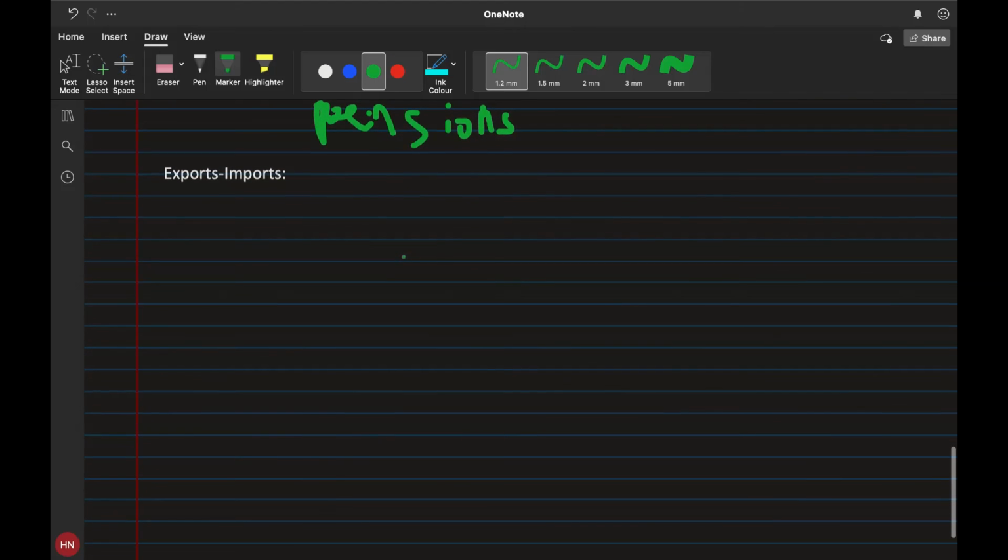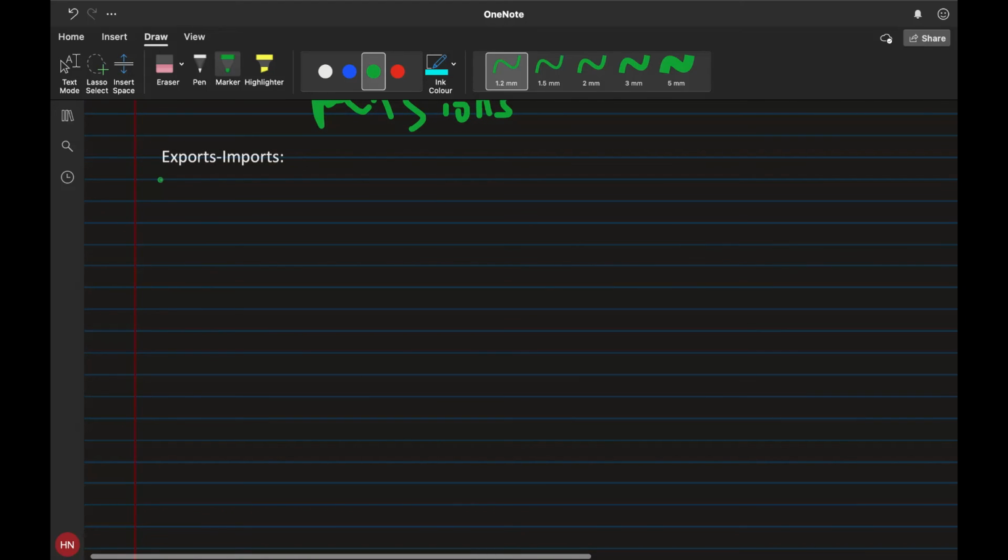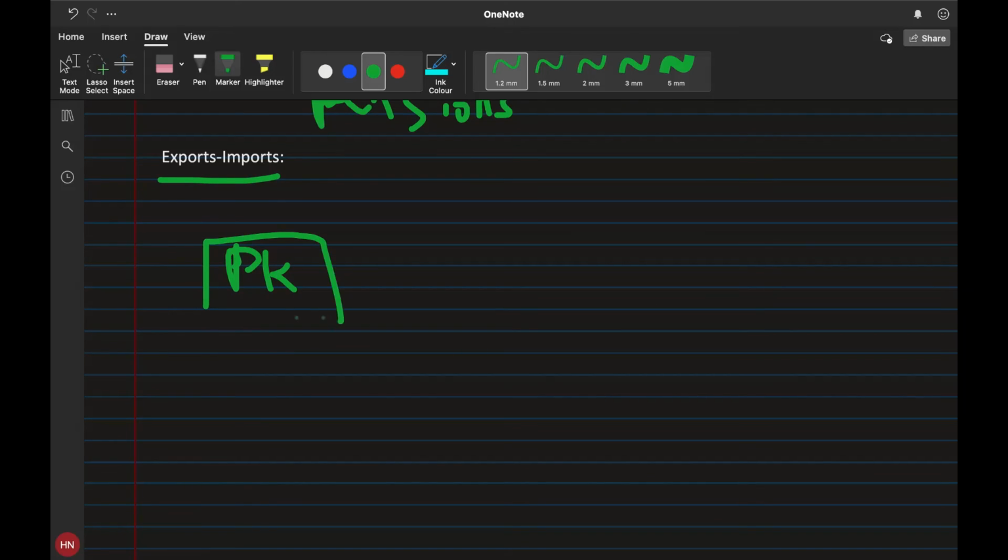And then the last part is exports minus imports. So exports are the goods and services produced in one country and then purchased by residents of another country. So let's say if you have Pakistan, right? So Pakistan here, and so Pakistan is producing certain goods and services, and then Pakistan is sending these goods and services to, let's say, the UK.